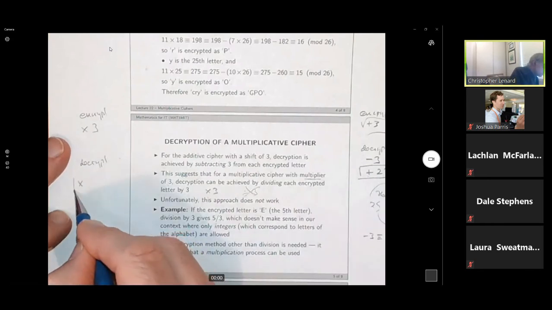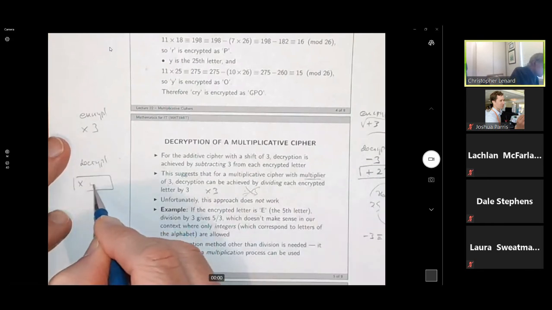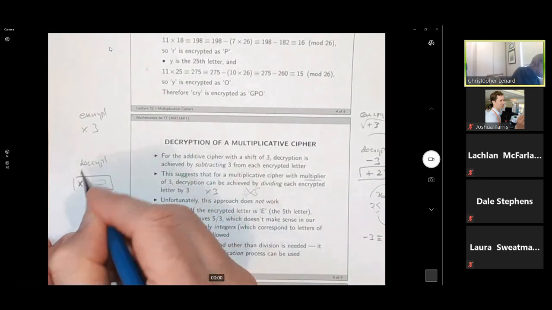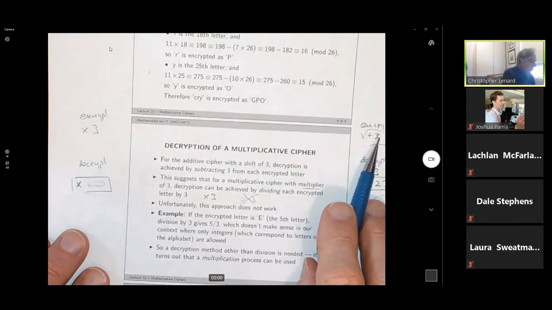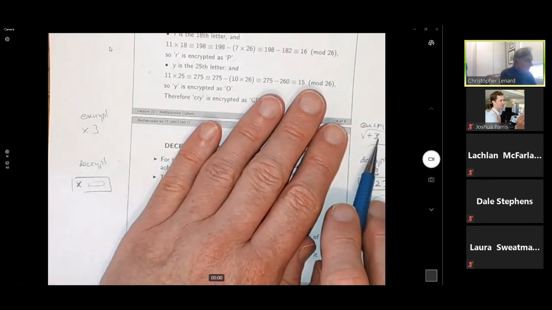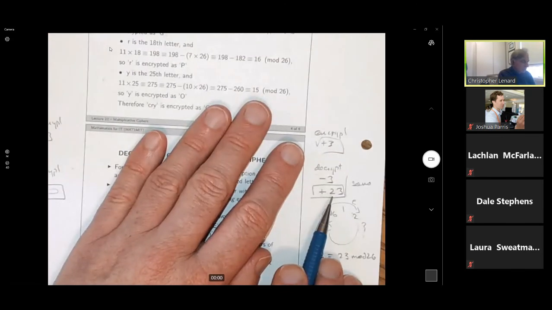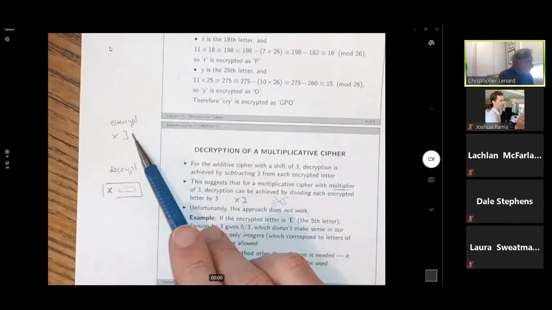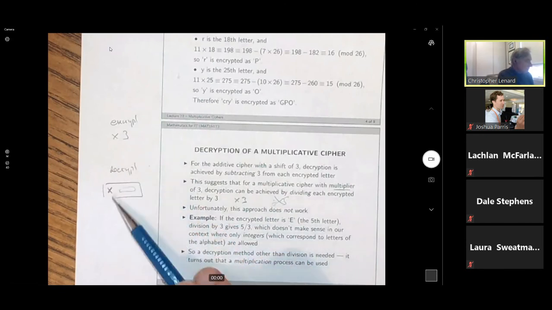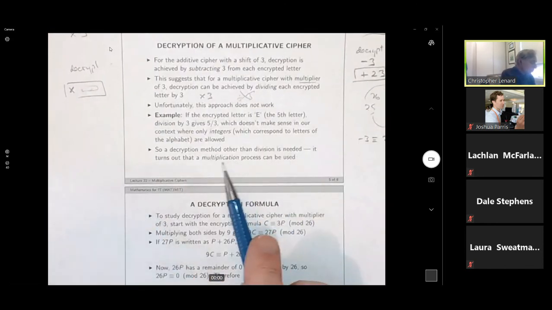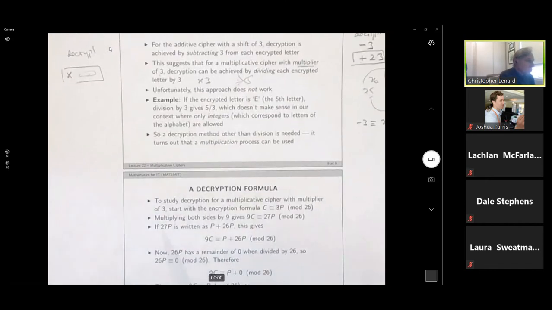We're going to be multiplying by something. Encrypt with an additive cipher, decrypt by adding a correct amount. Encrypt with a multiplicative cipher, we're going to decrypt by multiplying by a certain amount. And the trick is, what is that amount? We're going to use a multiplication process to do the decryption.